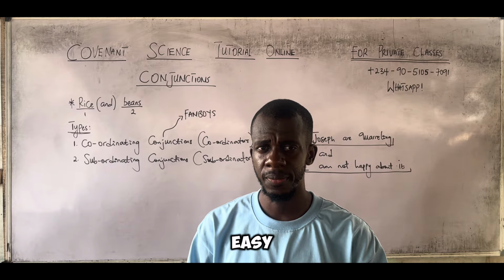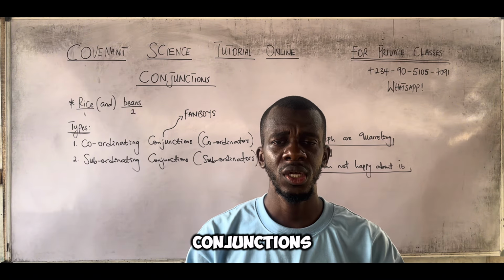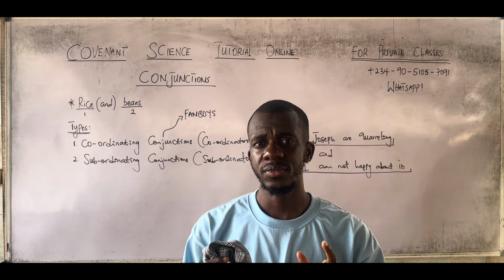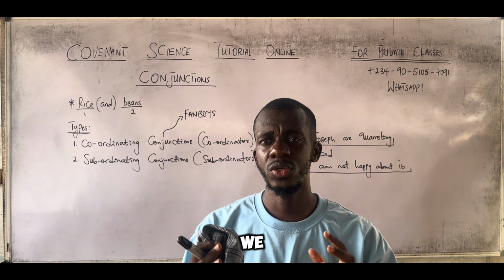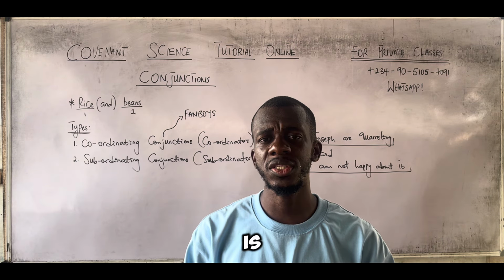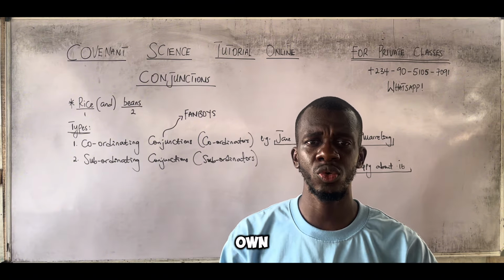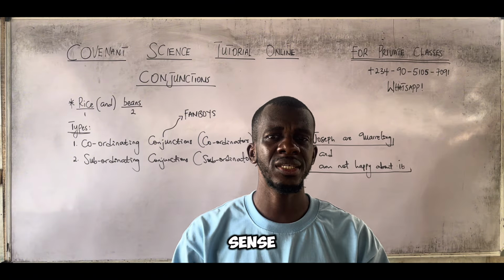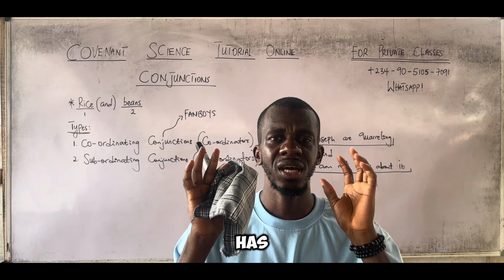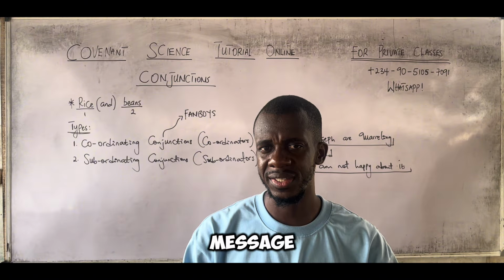It's pretty easy. Coordinators are those conjunctions that are used to join independent clauses. Now, a clause is said to be independent when it can stand on its own and make complete sense. That is to say, on its own, it has an airtight meaning. It conveys a complete message.